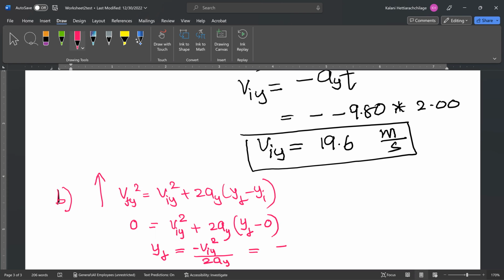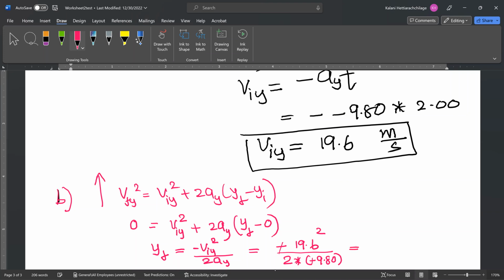Make sure you know that y final should be a positive value. It is a height, so it should be positive. So v initial y is 19.6, which we calculated in the first part, and squared it. Then divide that by twice the acceleration a y, that is negative 9.80, and the negatives will cancel out.